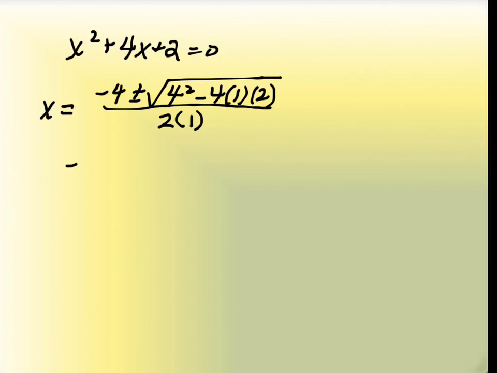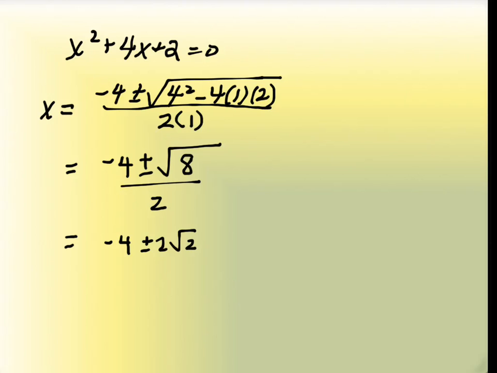All right, so I've got negative 4 outside. Entire thing underneath the radical, what does that simplify to? About 8. Yeah, 8. I have 16 minus 8, so I've got 8. Square root of 8, that simplifies. Good. 2 square root of 2.